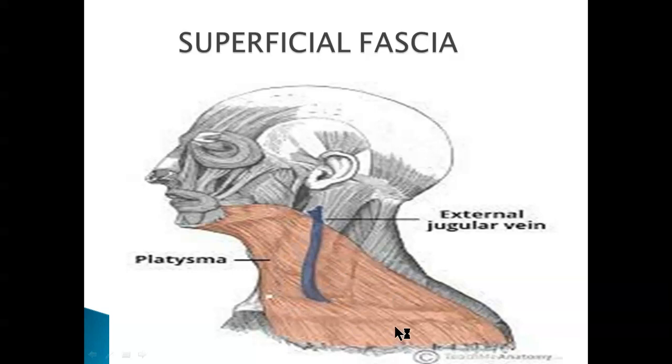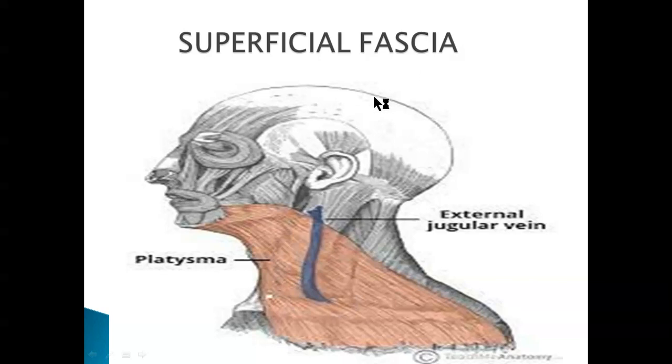This muscle is the platysma muscle. As we know, the platysma muscle is itself a part of your superficial fascia. It comes from your pectoralis major fascia and continues above, going towards your mandibular area. So it has a broad base over here. It is a very thin muscle, and do remember it is a part of our superficial fascia in the neck.